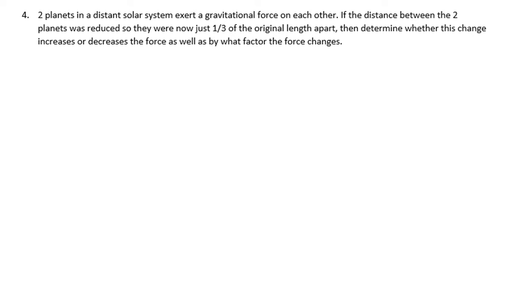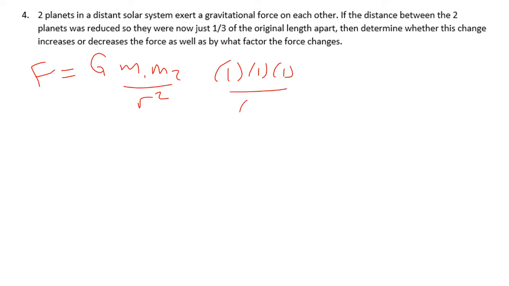Looking at our equation, F equals G m1 m2 over r squared, assuming the rule of 1, where everything initially starts off as 1, that is going to equal 1. That's our established starting point.